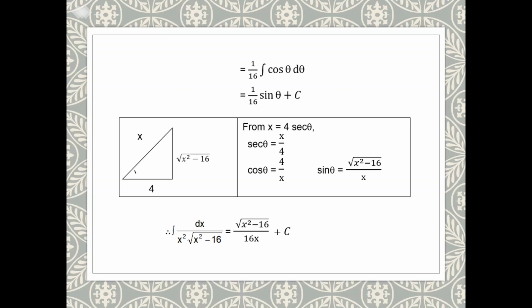From theorem Pythagoras, opposite is given by the square root of x squared minus 16. In addition, sin theta is equal to square root of x squared minus 16 over x. Substitute this into the answer and simplify, you should be able to get the following final answer.